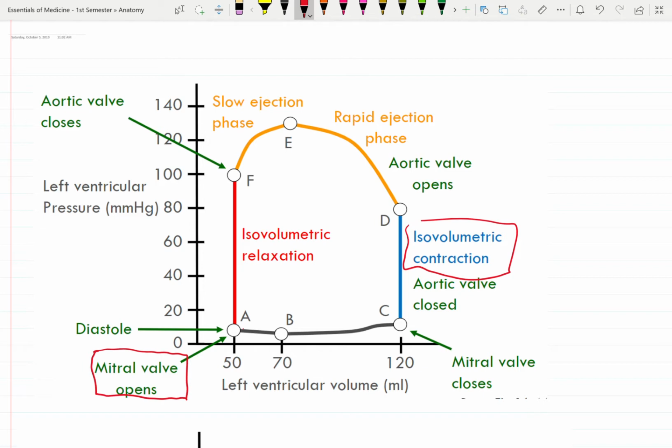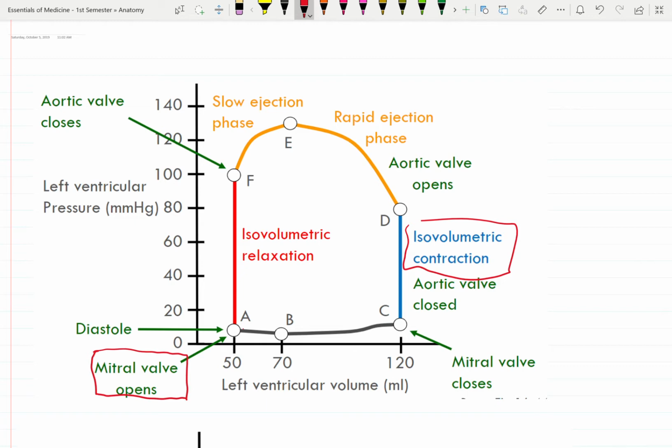Okay, so from D to E, that represents the ventricles contracting. That's all it represents. We talked about C to D being the initial step of contractility of the left ventricle, and so it will just keep contracting.